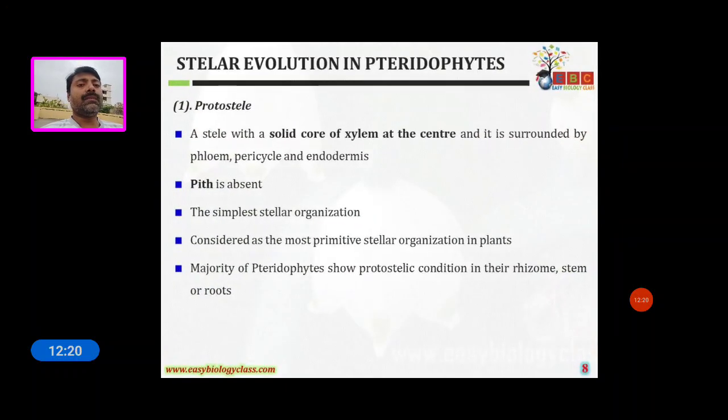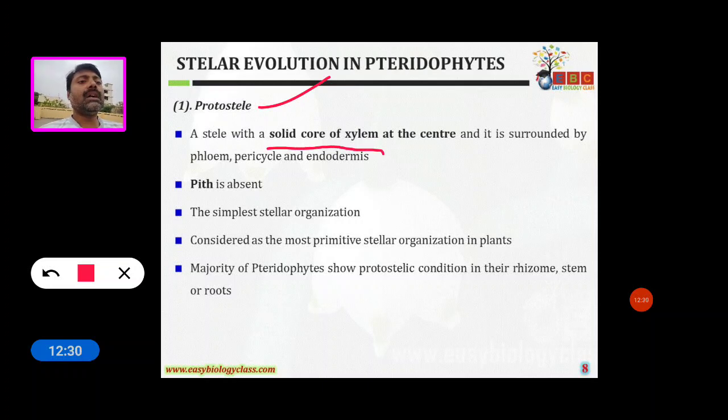The first stele is the protostele. Proto means the stele is a solid core of xylem at the center, surrounded by phloem, pericycle and endodermis. In this stele, pith is absent.